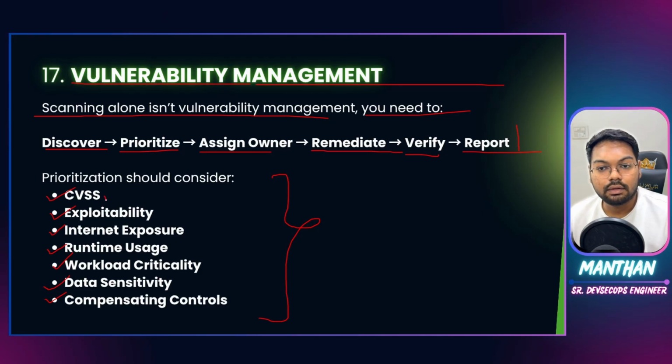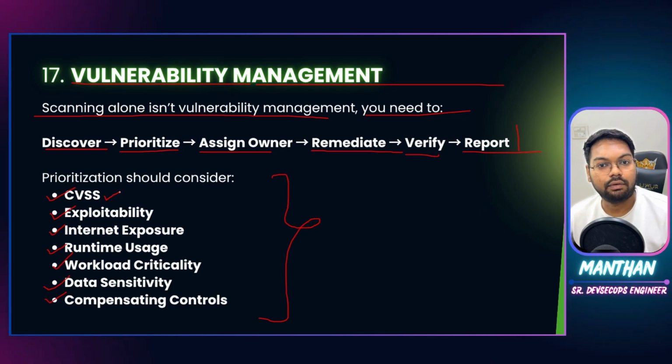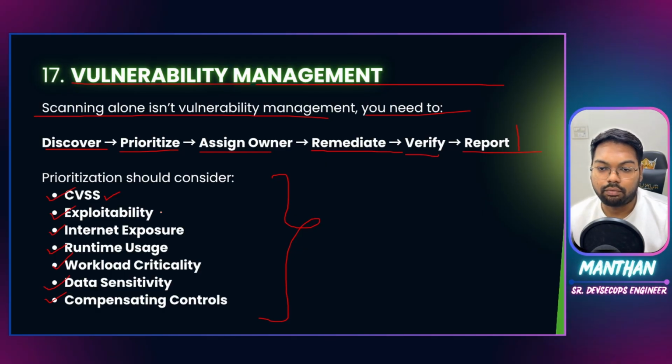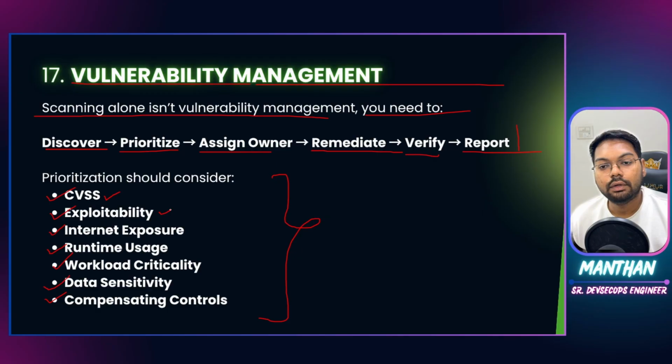So if the CVSS vulnerability score that you have is 10, that is the very first priority you should be given, which is a critical vulnerability. And then if there are two vulnerabilities, one of which is exploitable and another one is not, the vulnerability which is not exploitable should not prevail over the one which is exploitable.